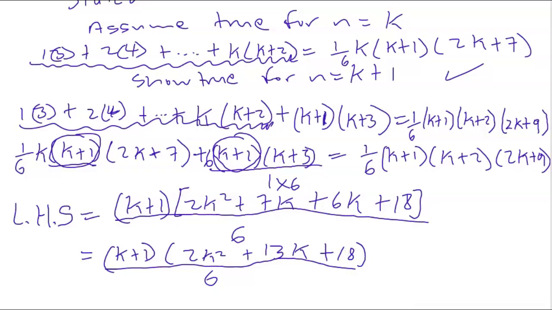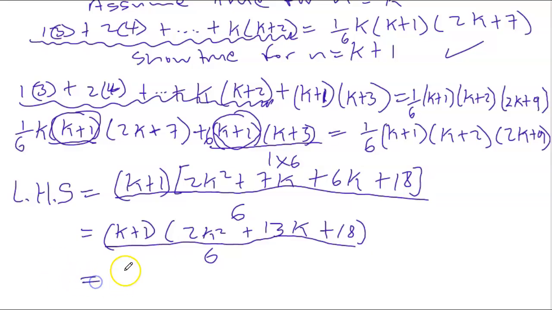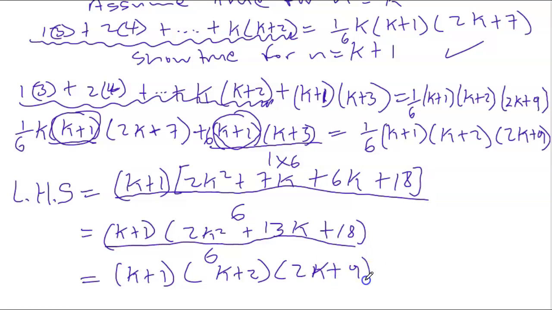And if you factorize the quadratic there in the second bracket, using the AC method or whichever method, this will factorize to k plus 2 times 2k plus 9. That's what we'll get if you factorize the second bracket, all over 6. Notice this is exactly what the right hand side is.